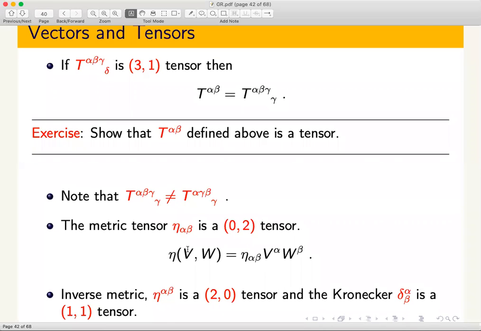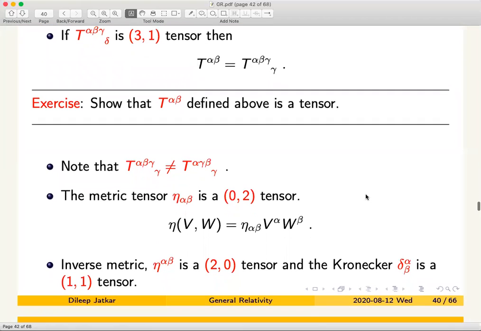Of course, we haven't studied it in this way, but we know that the invariant line element, or what is called proper time, is defined as eta alpha beta dx alpha dx beta. And so if you have dx alpha dx beta defined, which are infinitesimal space-time elements, then eta alpha beta will return you a number, which is what we call proper time.